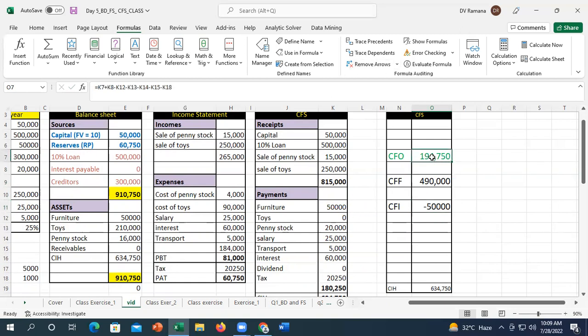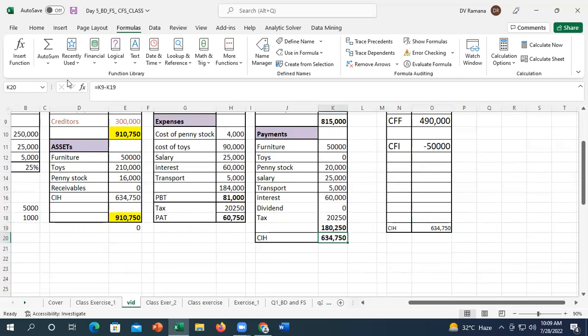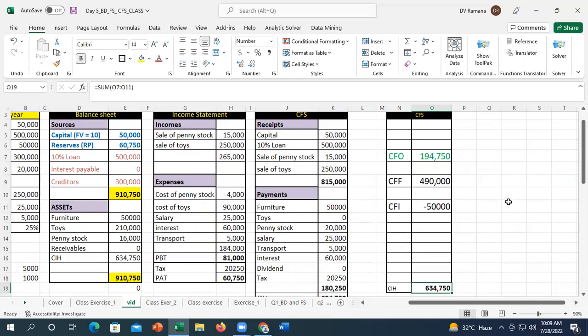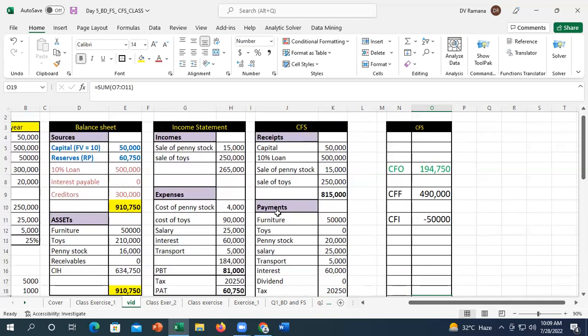So CFO plus CFF plus CFI is equal to cash in hand. Because it's a first year of business, there is no opening cash in hand. So cash in hand is equal to CFO, CFF, and CFI. The cash in hand is also equal to receipts and payment.